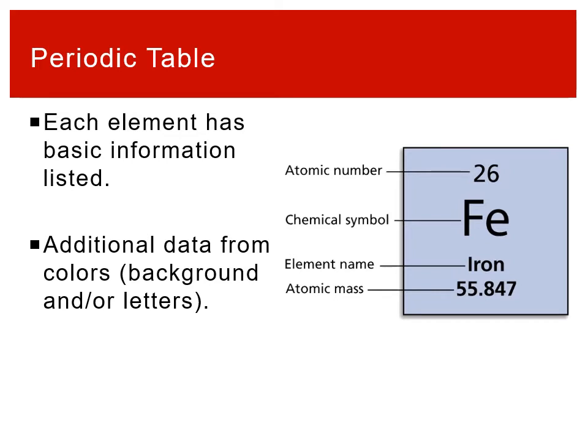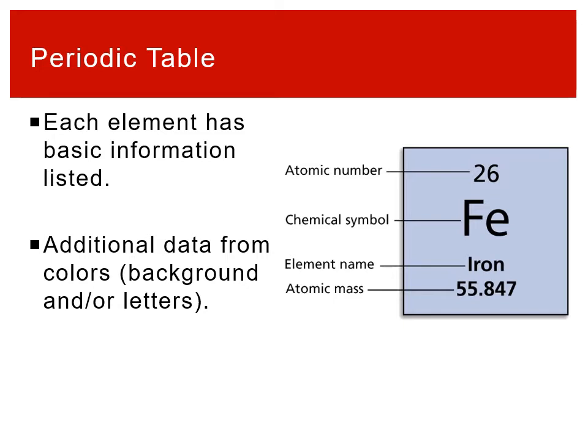For each element, there's going to be a variety of information on our periodic table. Each square usually has the atomic number, chemical symbol, and element name, as well as the average atomic mass. Sometimes name and symbol aren't both used, so you might only see Fe instead of iron. Generally, we're always going to want to use periodic tables, so I'll provide periodic tables.